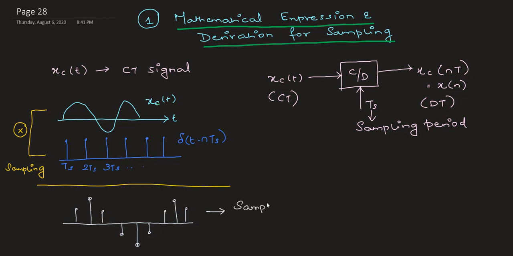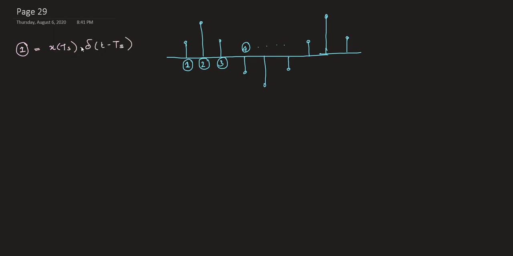So I am going to convert my xc of t into a sampled signal xc of nTs, because it now consists of my n samples, where n is the sample number. Now let's draw this and see more detail on this sampling phenomenon. These positions that my sampled signal has are represented by discrete integers. So at position 1, my equation is x of Ts into delta of t minus Ts.